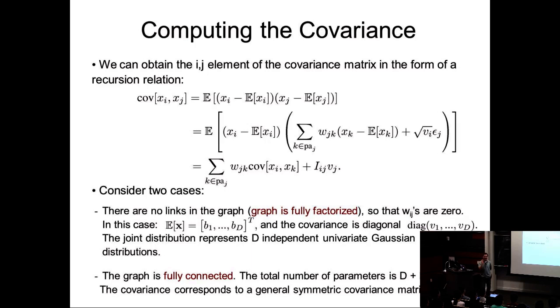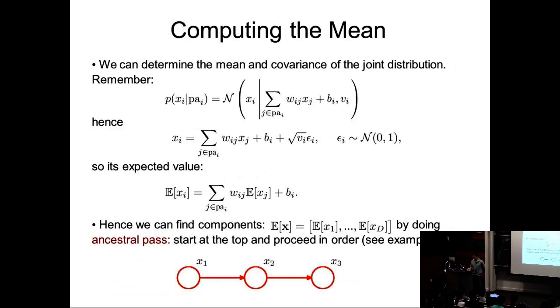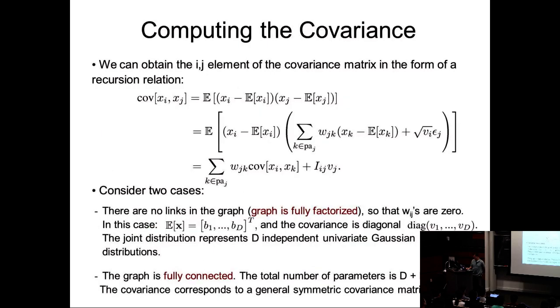So let's look at the two cases. Let's say there are no links in the graph, so the graph is fully factorized. All the wij's are going to be set to 0, because there is no connection between any two nodes. In this case, the expected values are just going to be the biases. If I go back here and look at this term, and if the wij's are 0, then the expected value of each individual node is just going to be the bias.